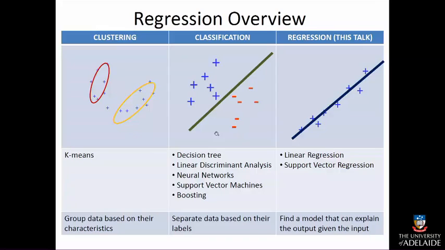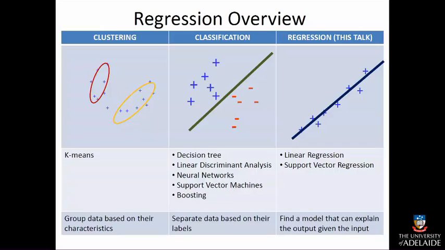As you can see, classification basically takes a bunch of data, and you want to find a separating hyperplane, which is a classification boundary, to separate the different sets of data points. But for regression, given a set of data points, you want to find a straight line if it's a linear regression model, or a hyperplane or a curve, to fit the given data points.